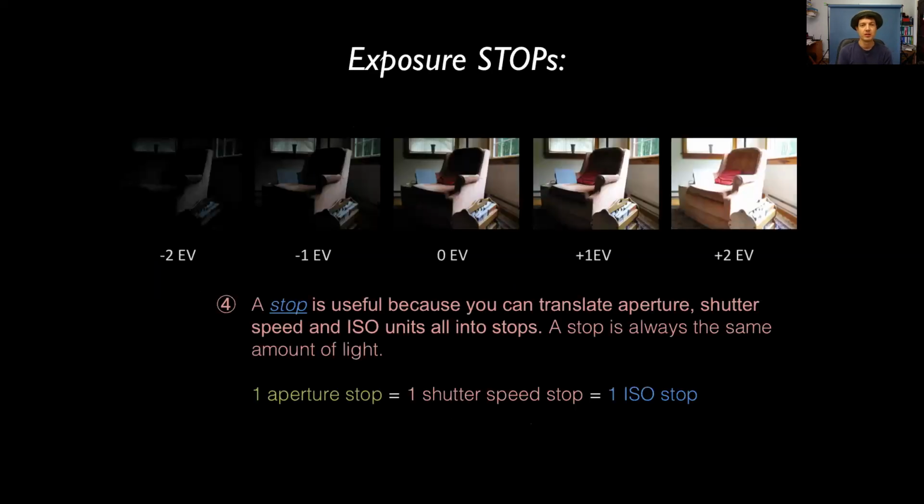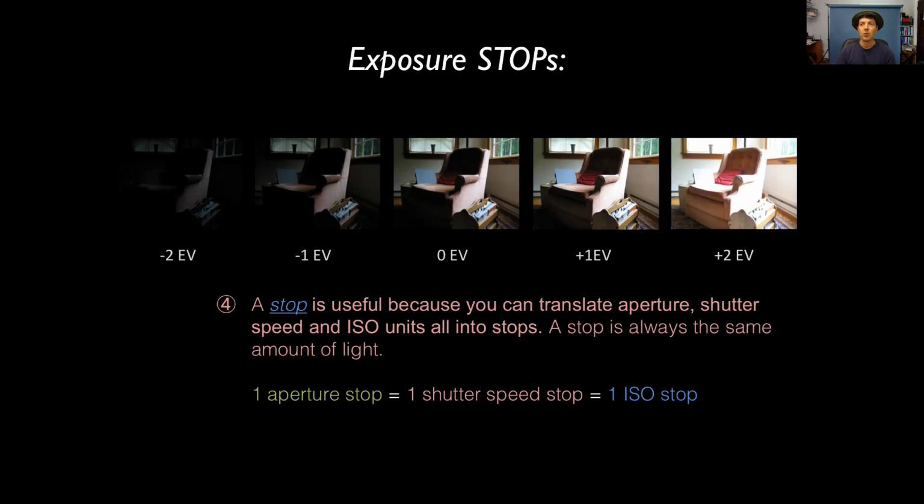Well, first we need to think a little bit more about what a stop really is. A stop is useful because you can translate aperture, shutter speed, and ISO units all into stops. And a stop is always the same amount of light, so it represents a discrete entity of light coming into the camera.